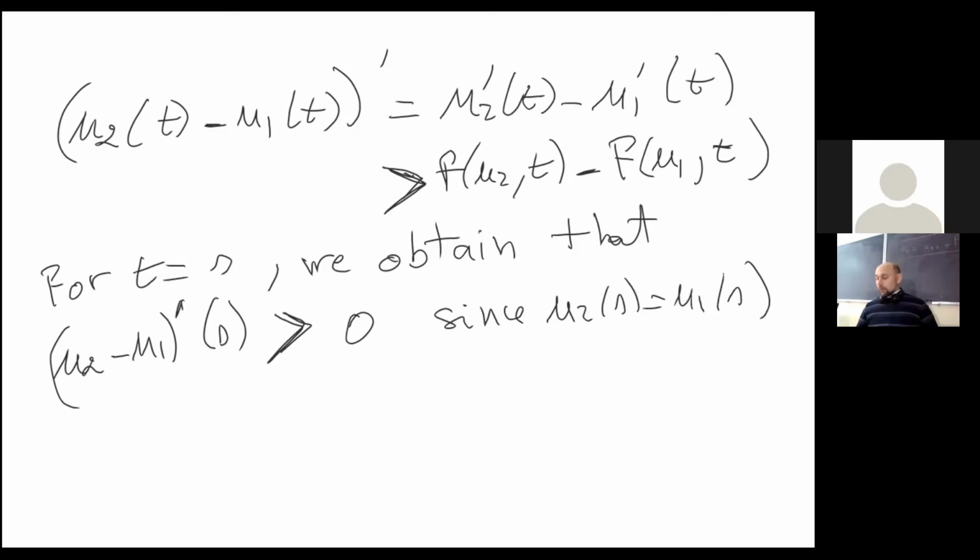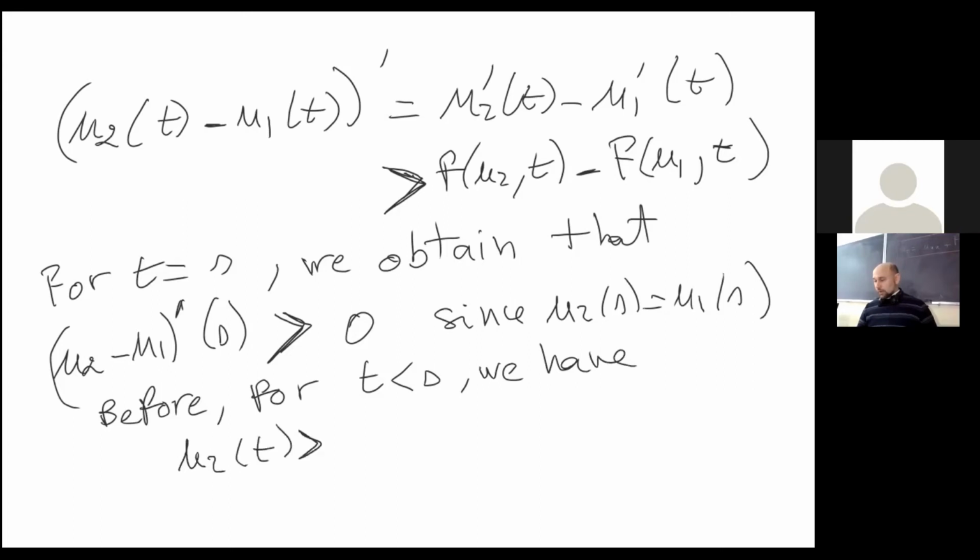So before, if you look at the assumptions in detail, we will have that u2 of t is greater than u1. So before, meaning that for t less than s, so we assume that s is the first time that we reach the equality, we have u2 of t greater than u1 of t.